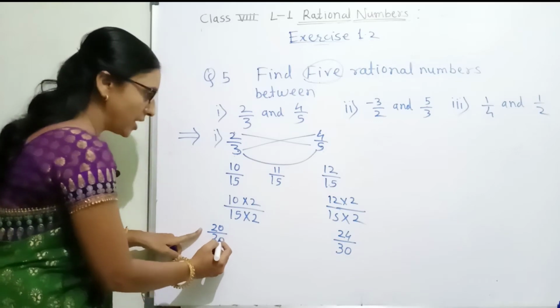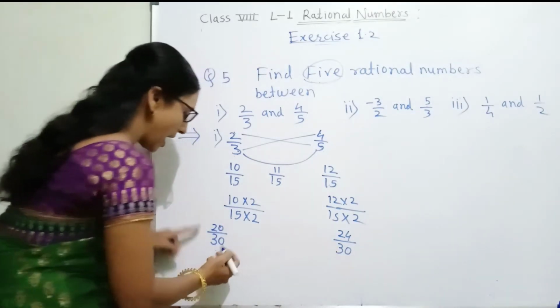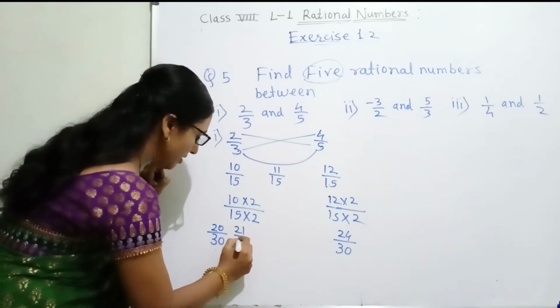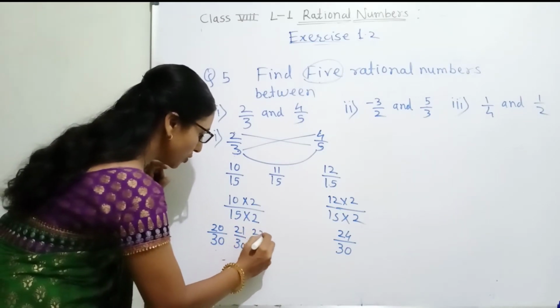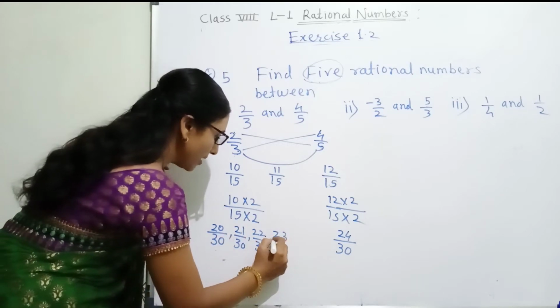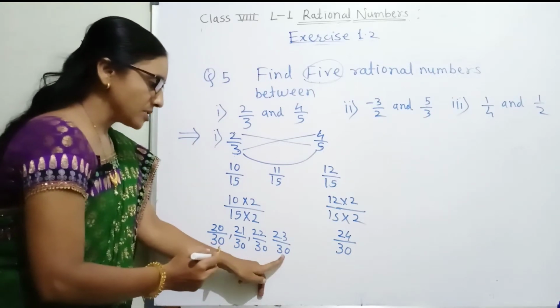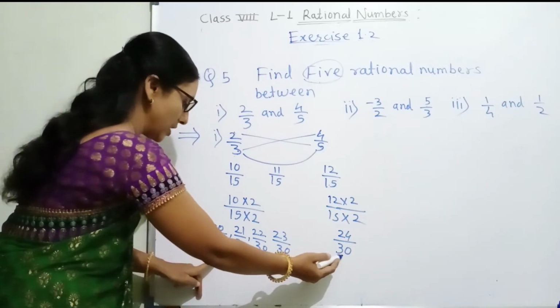Now the rational numbers between these two rational numbers are 21 by 30, 22 by 30, 23 by 30.